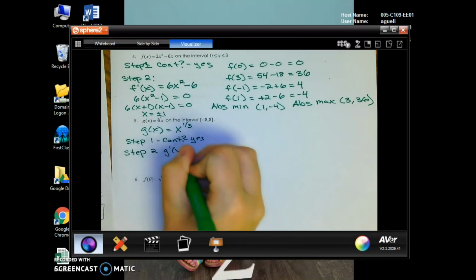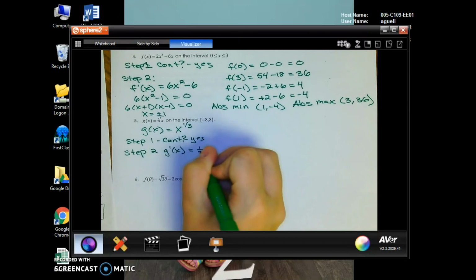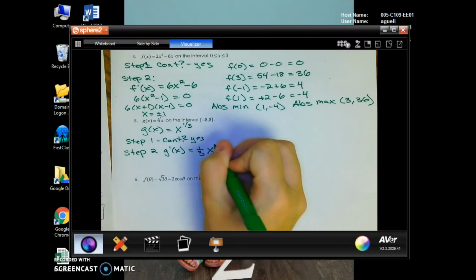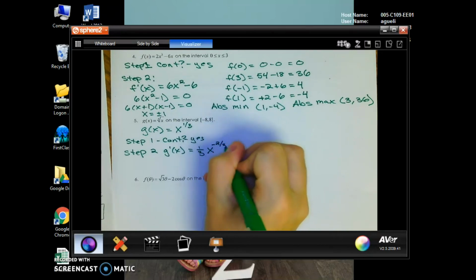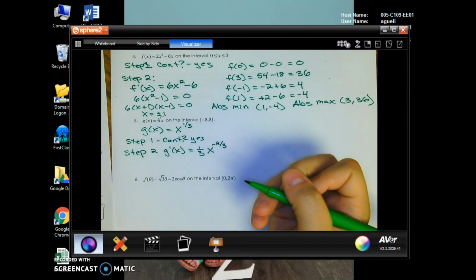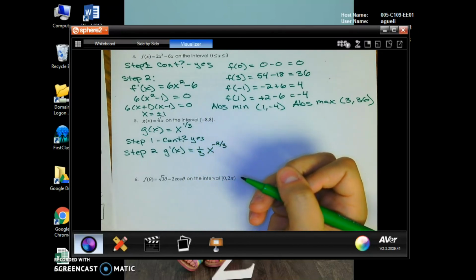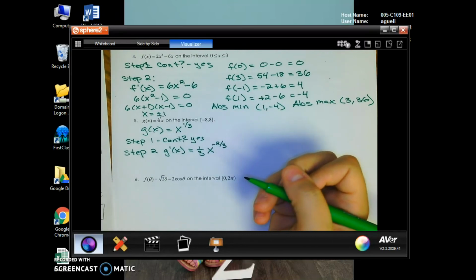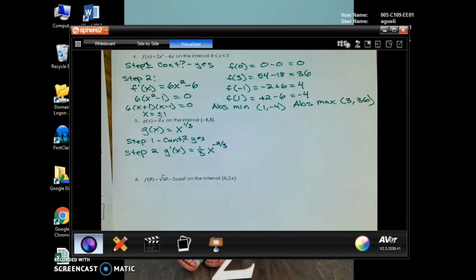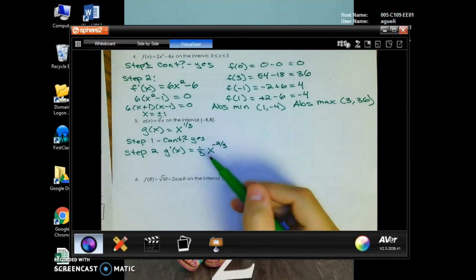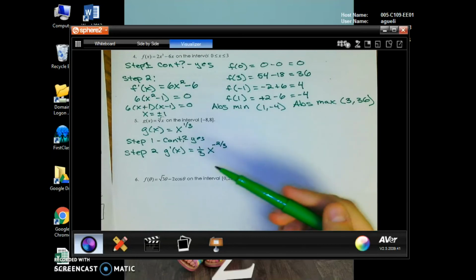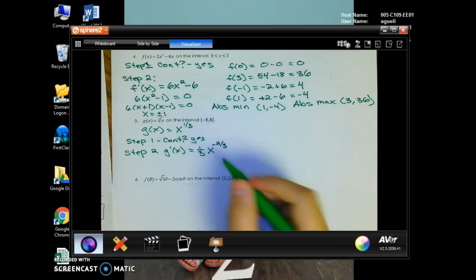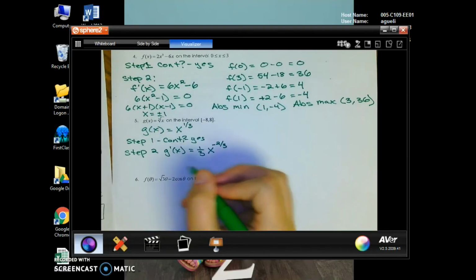So g prime of x is going to be 1/3 x raised to the, now if I subtract 1 from there, that gives me negative 2/3. I know for some of you, that's your safe stop. I agree, that is the safe stop, but since we are trying to figure out where that's 0 or where it does not exist, we will need to rewrite that so that we can see it.